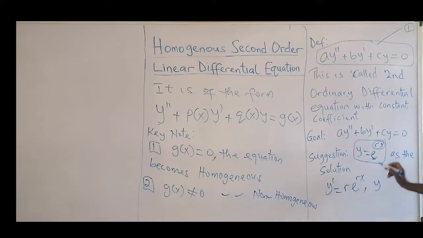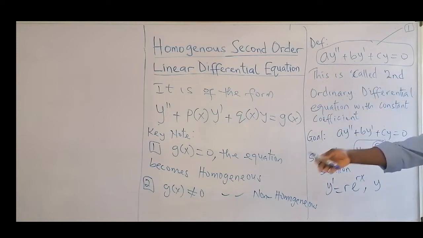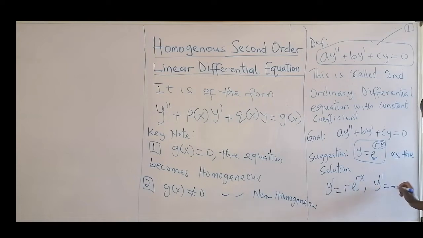Do it again to get the second differential, which is r squared e to the rx. Then we plug both into the equation to get the auxiliary equation.